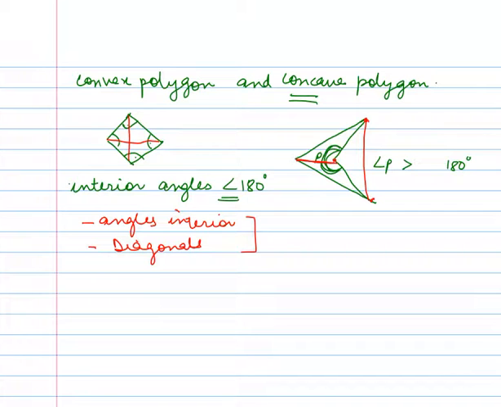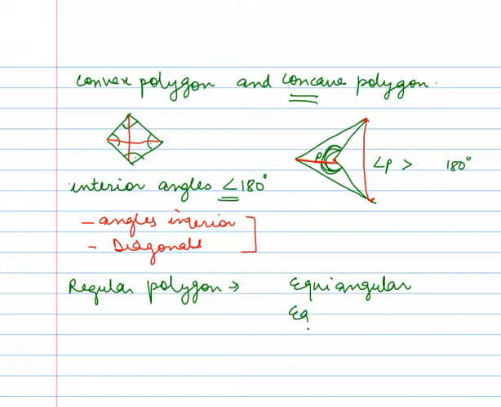Now one more classification of a polygon is regular or irregular polygon. What is a regular polygon? A regular polygon is a polygon which is equiangular as well as equilateral. What does equiangular mean? All angles are equal, that is, all the interior angles of the polygon are equal.